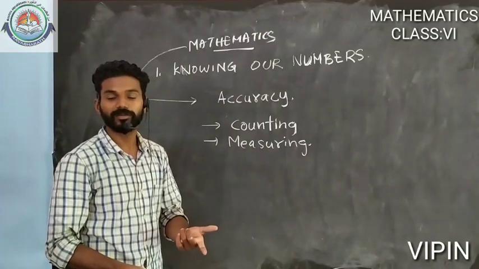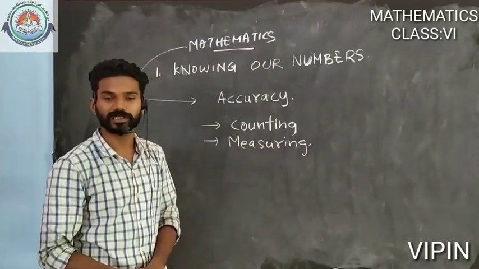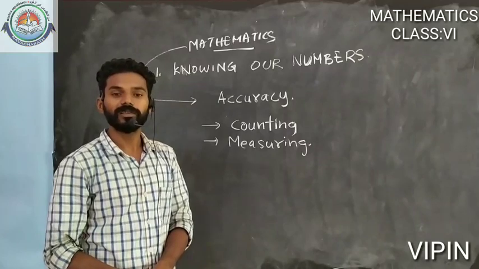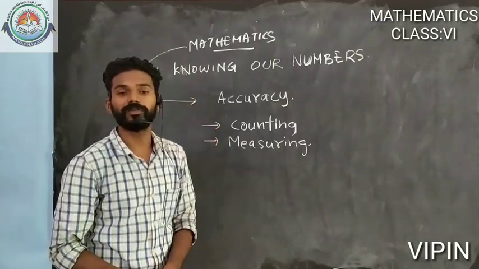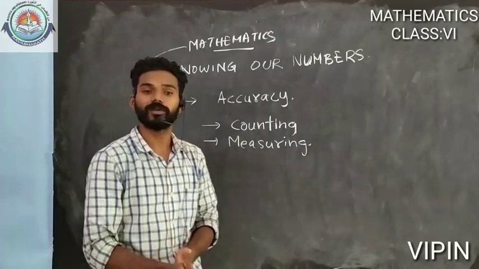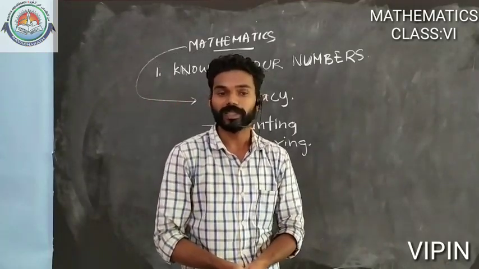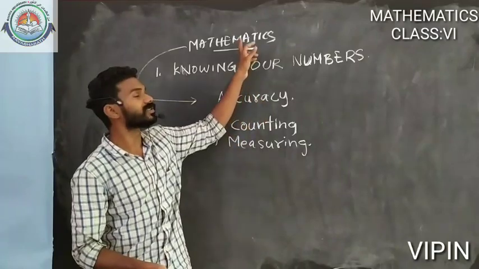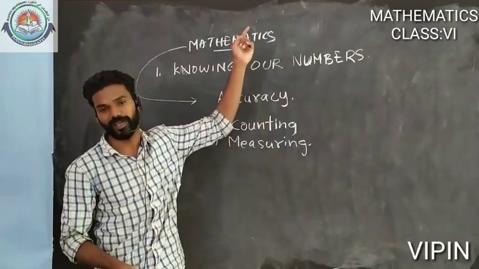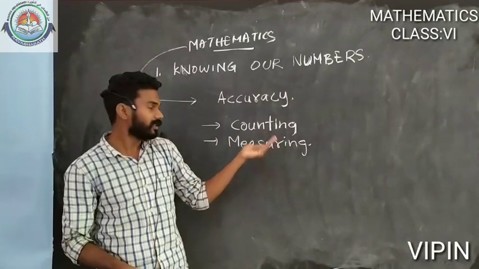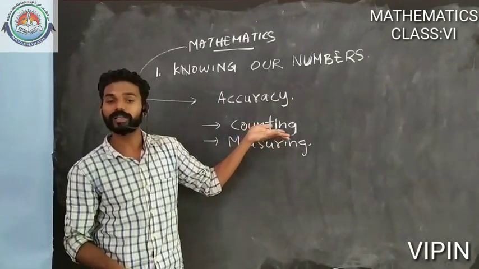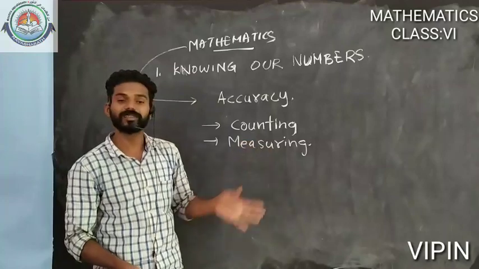Measure what? Measure the length of objects, so that on measuring, you can have an accurate value of the length of something. Clear? That accuracy is the importance of mathematics. By mathematics, we can attain accuracy, and for that, the processes involved are counting, measuring, etc.